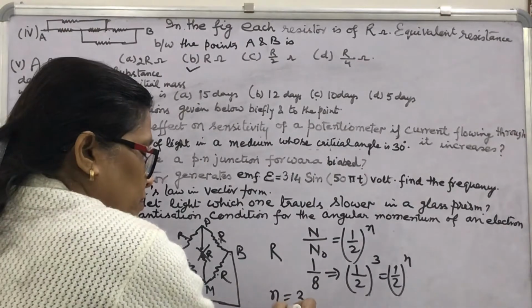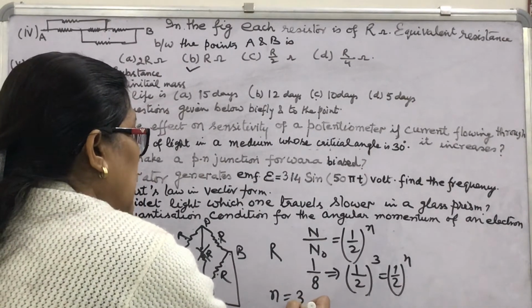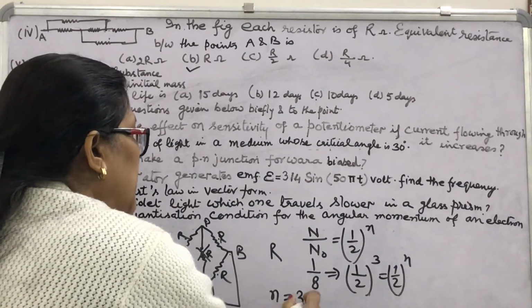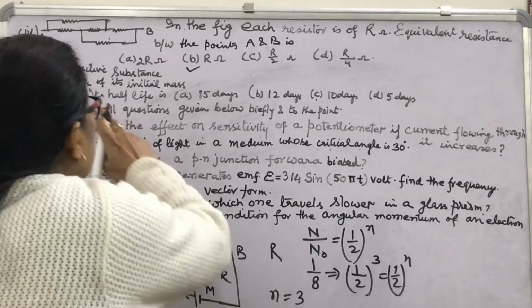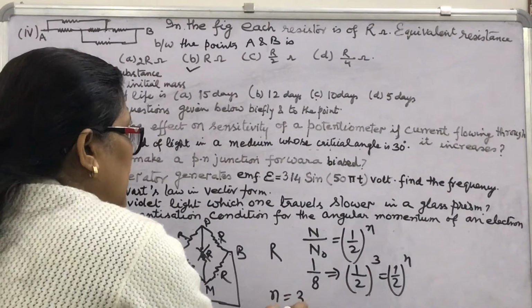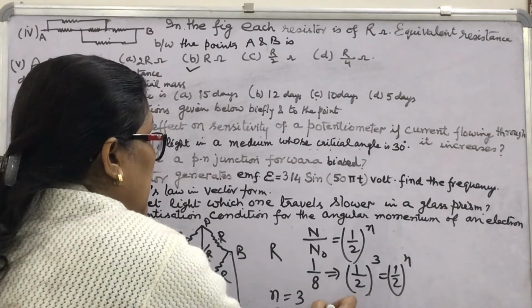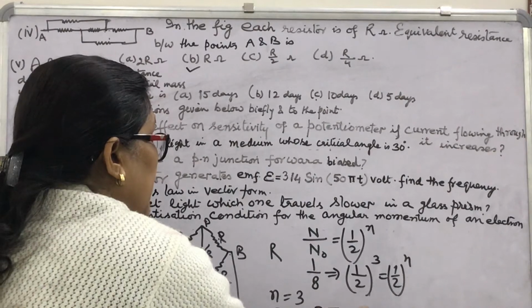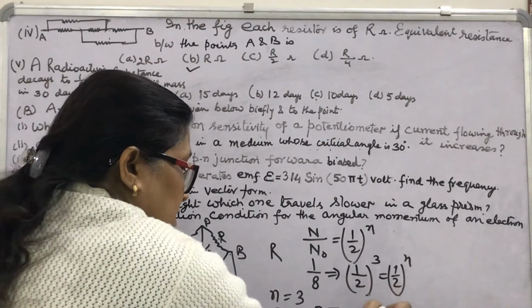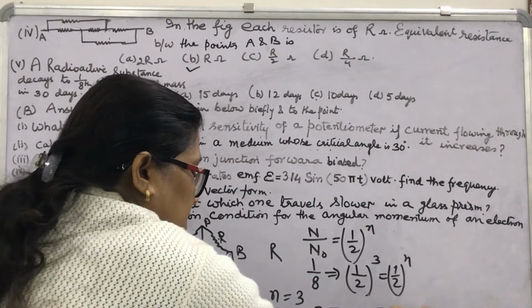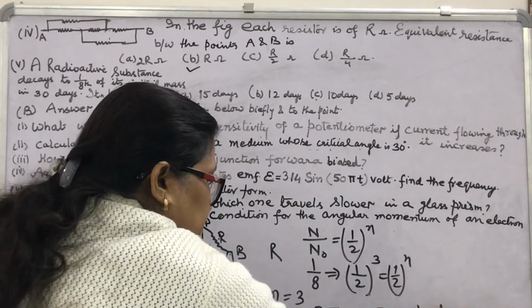So n equal to 3, and the total number of days given is 30. So 30 equals 3 into the half-life. That means the half-life is 10 days.